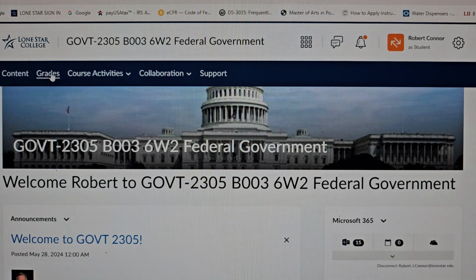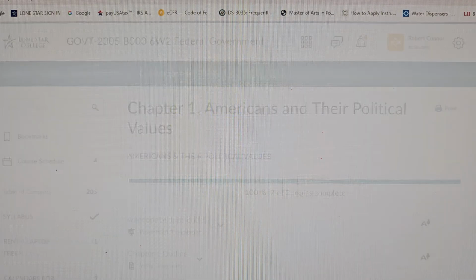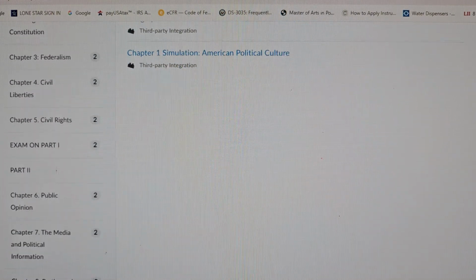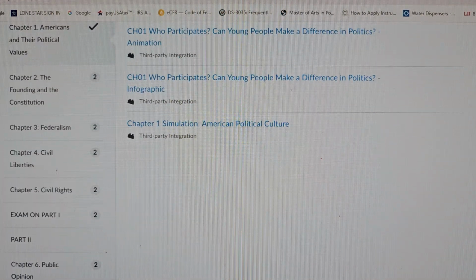Oh, going back to that. When you get down to the end, the course is divided into 4 parts. The first part is the first 5 chapters. And then when you get through the first 5 chapters, you have an exam.